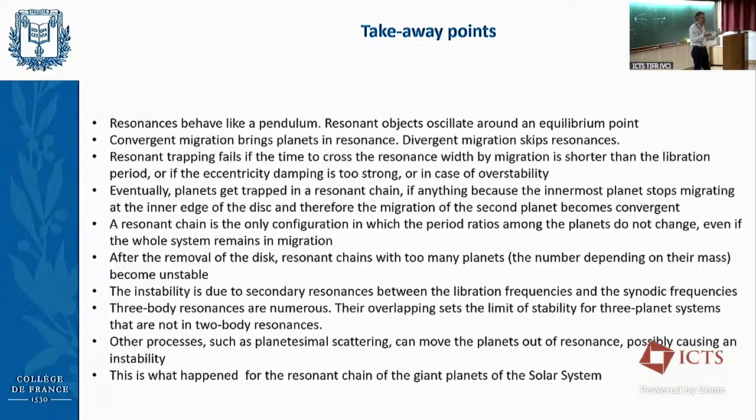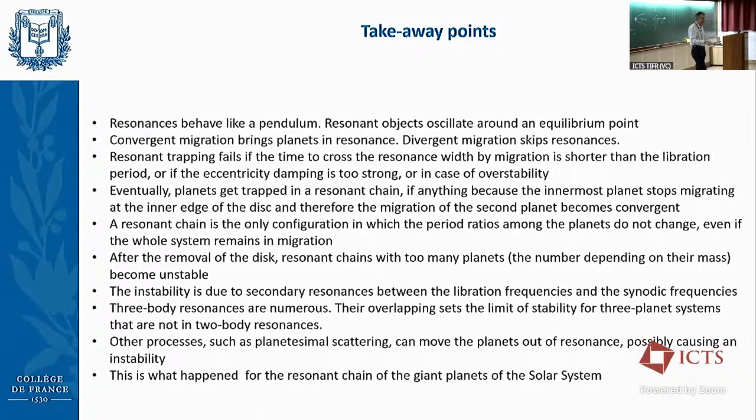And if they really fail to trap in any resonance, they merge. And then you have one planet less, your system has fewer planets, bigger mass, and rearranges, it goes in resonance. So I've never seen, in a hydrodynamical simulation or even an N-body simulation with migration forces, a system that does not end up in a resonance chain. Because this is the only final stable situation. Otherwise, the planets keep rearranging, being scattered, trying again, merging, and so on.